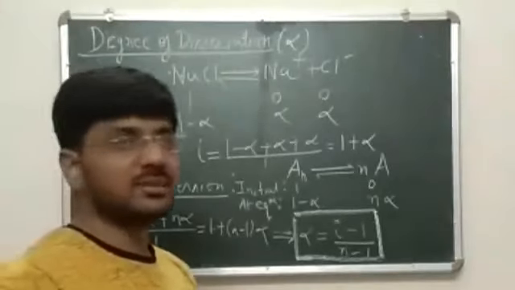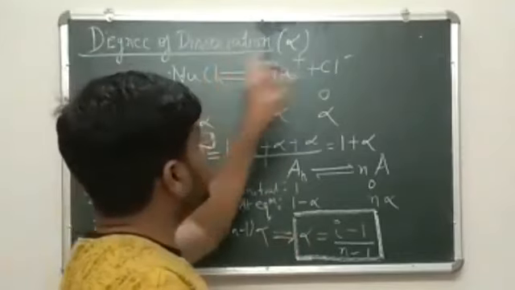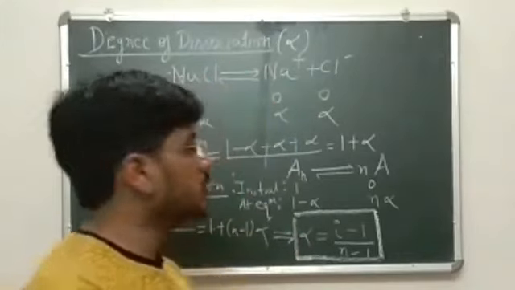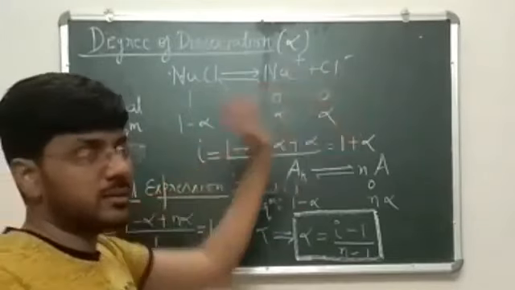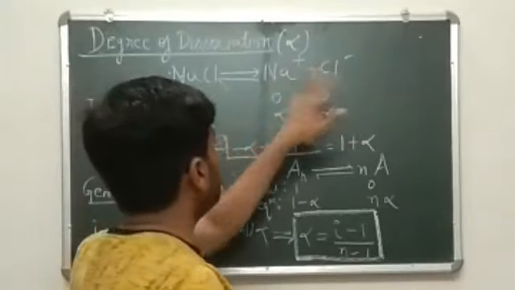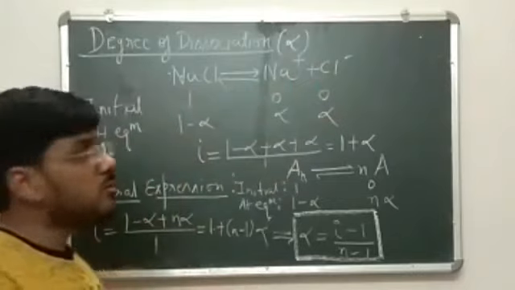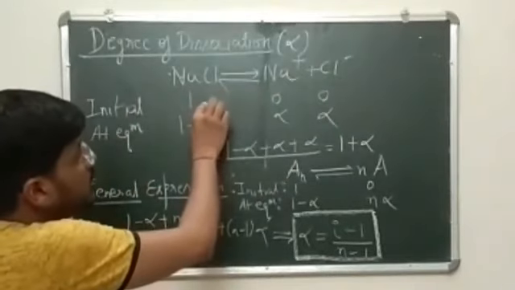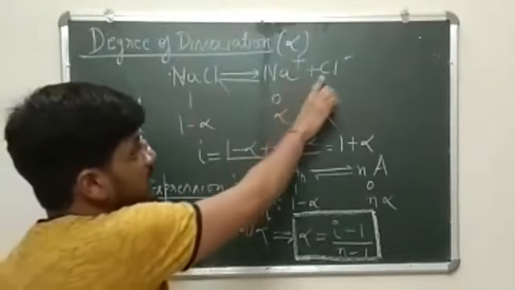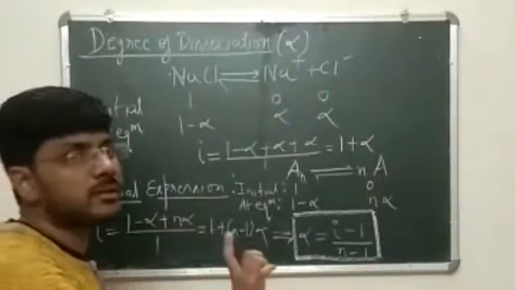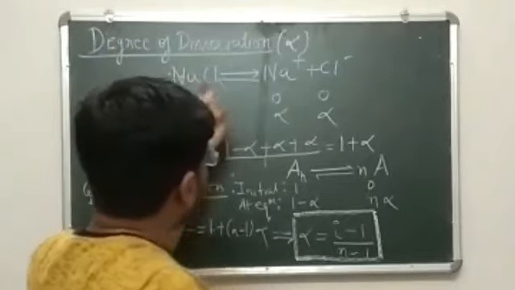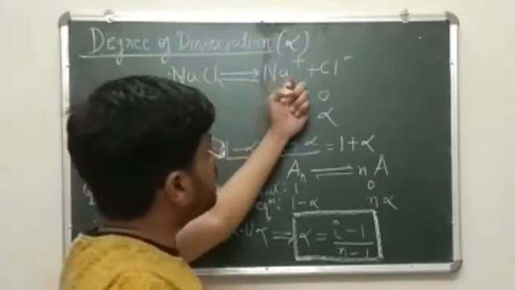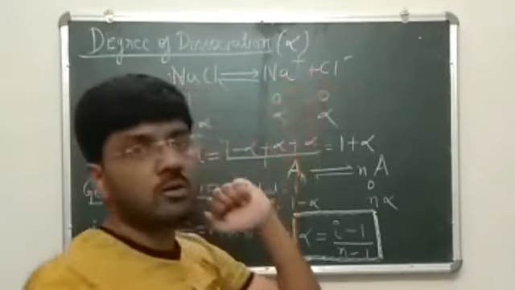Now consider the case of dissociation of an electrolyte. For example, NaCl is an electrolyte which dissociates in the solution to produce sodium plus and chloride ions. Initially we have one mole of NaCl, and sodium plus and chloride ions are not formed in the solution. But as we know, 1 mole dissociates to form 1 mole of sodium plus and 1 mole of chloride ion.